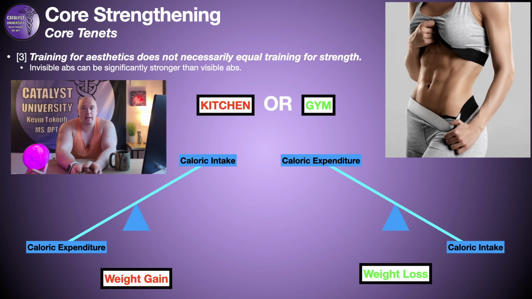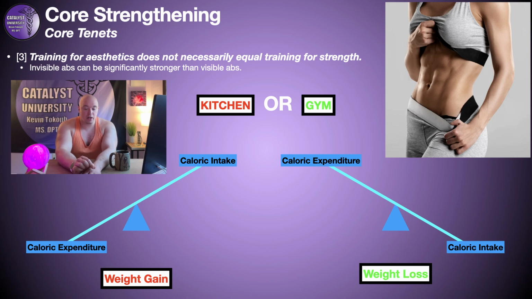Let's say you're the type of person who is naturally slender. I don't mean skinny, but just a more slender individual, okay? You naturally don't put on a lot of body fat. Well, that person is probably going to need a smaller percentage coming from the kitchen, a greater percentage coming from the gym to get those muscles hypertrophied.